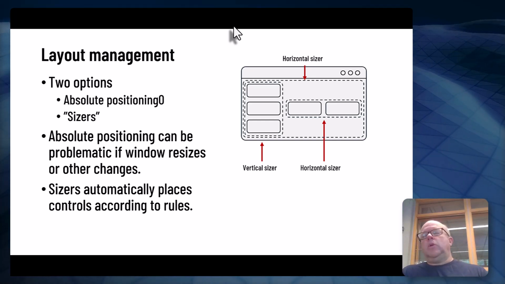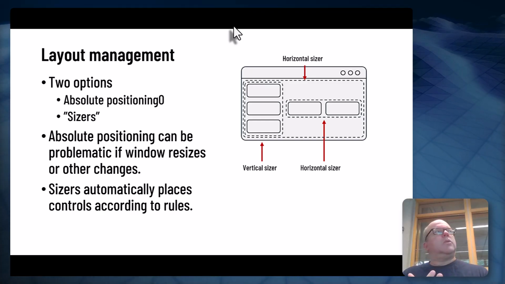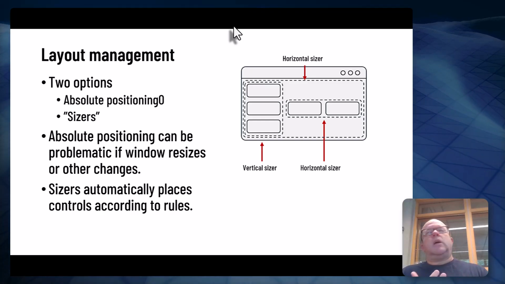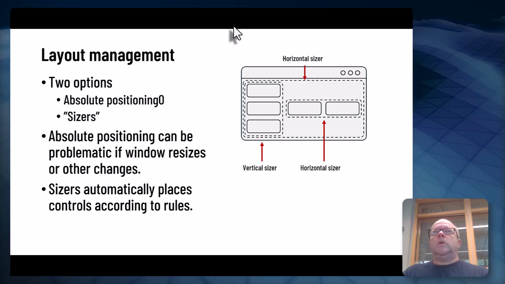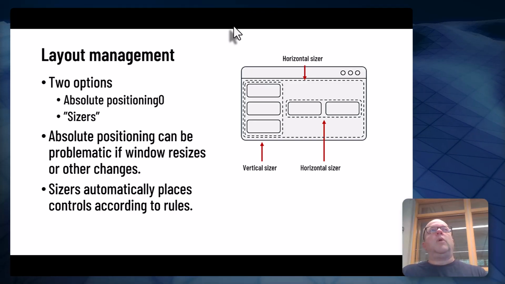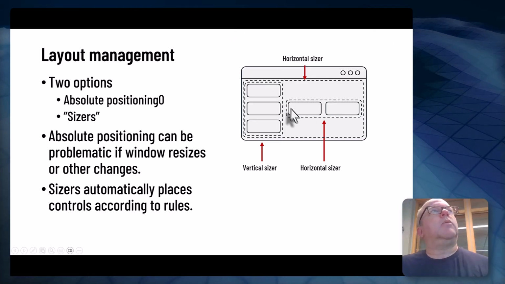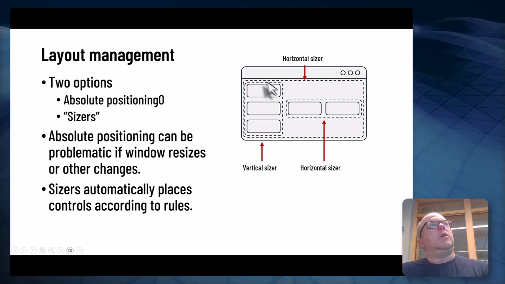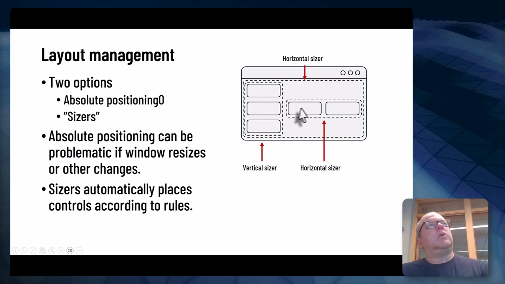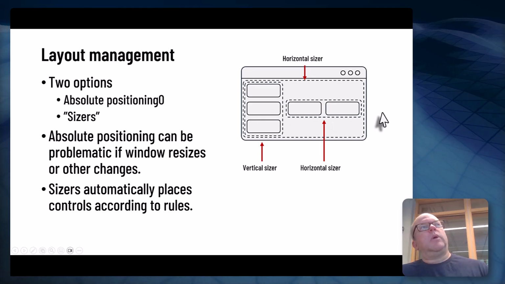So what Qt has done to solve this is using something called sizers. And a sizer is a special control whose only functionality is to arrange other controls. So in this case you can see I have three sizers. I have an outer sizer that is a horizontal one, so it stacks controls in the horizontal direction.